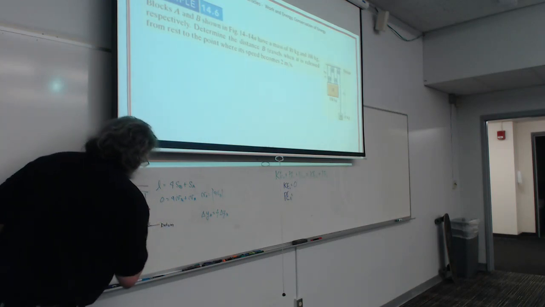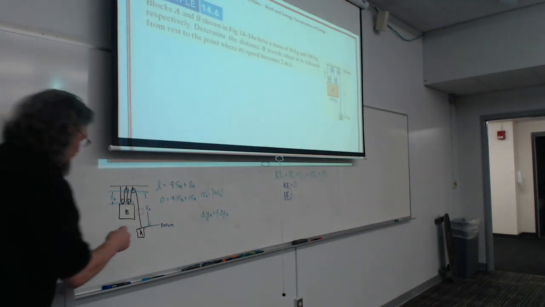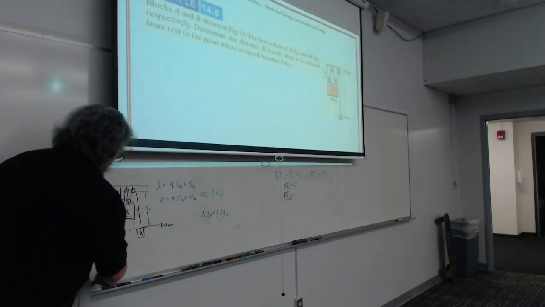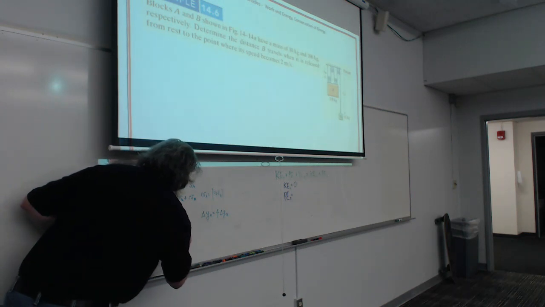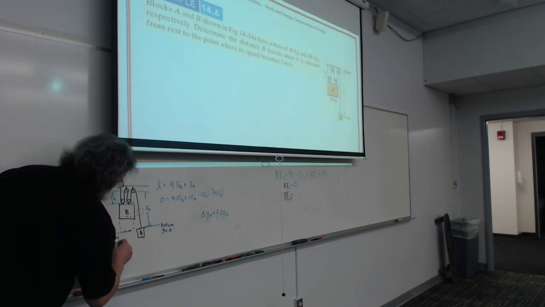This is where it goes up later, you agree with that? And this is where he ends up later, exaggerated. So I'm going to write this as the datum for A, and then down here, I'm going to have this as the datum for B.